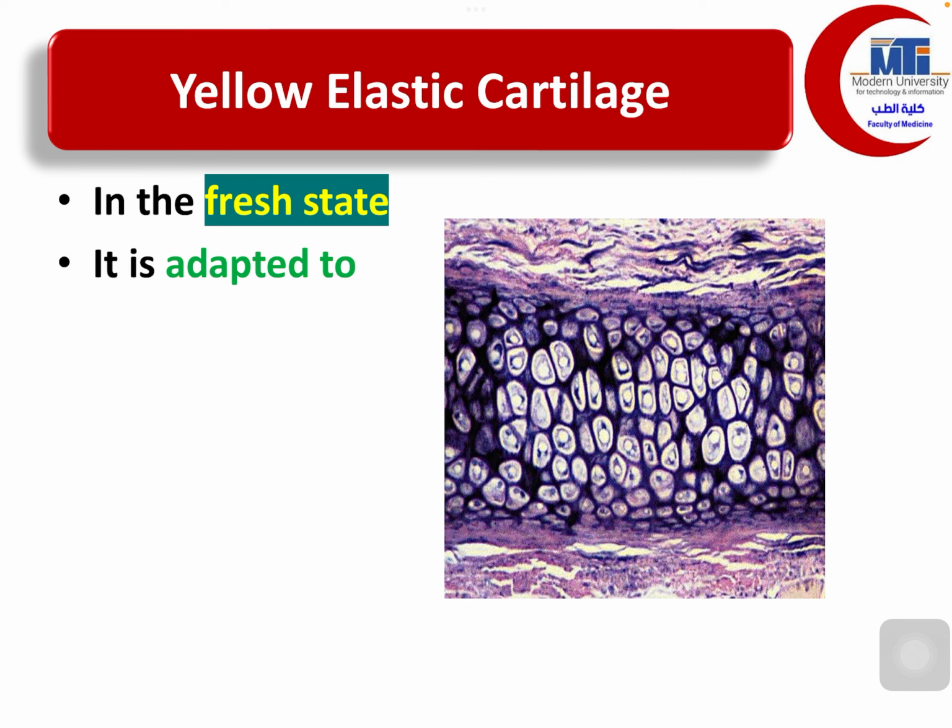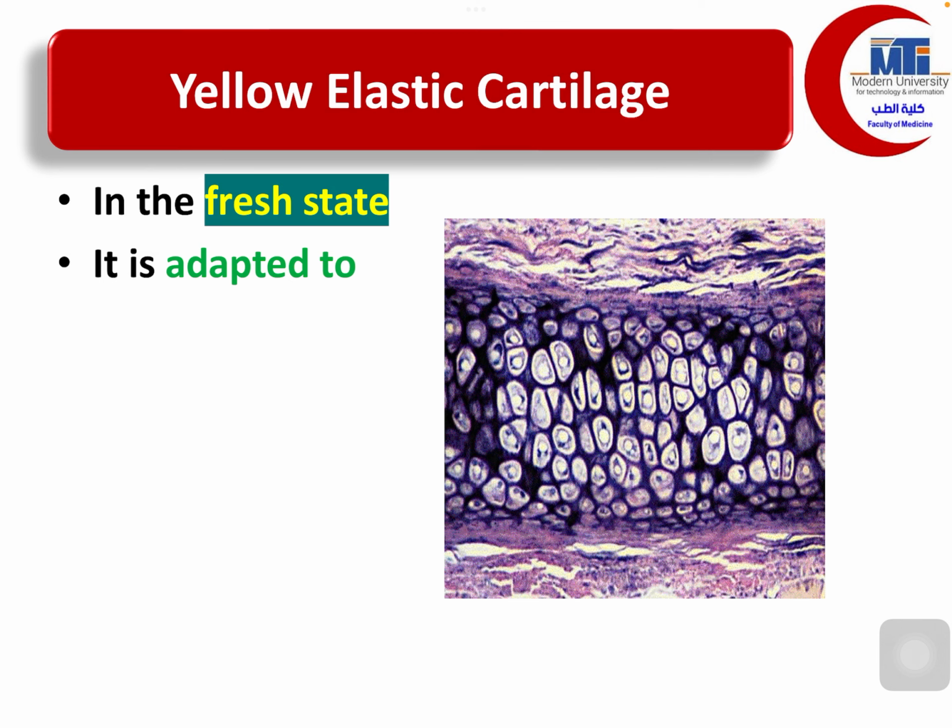So this type of cartilage contains an abundance of elastic fibers, which allows the tissue or organ which contains the elastic cartilage to be flexible. Whenever you move this body part or organ, it returns to its position and resists its stretch or pressure.